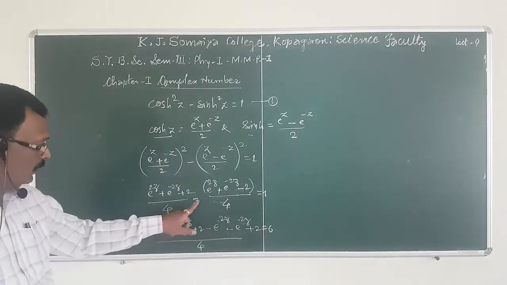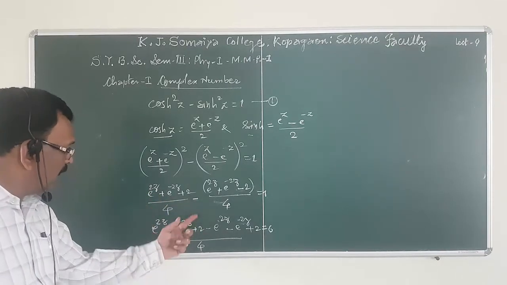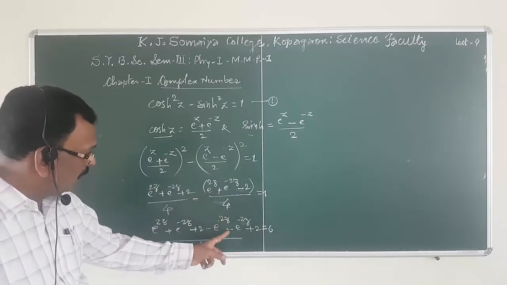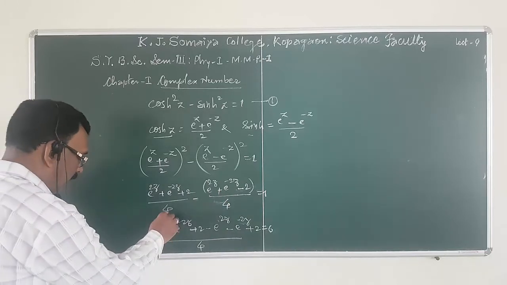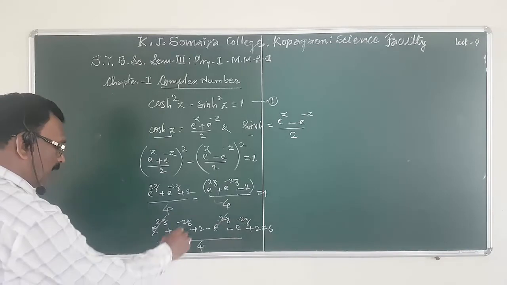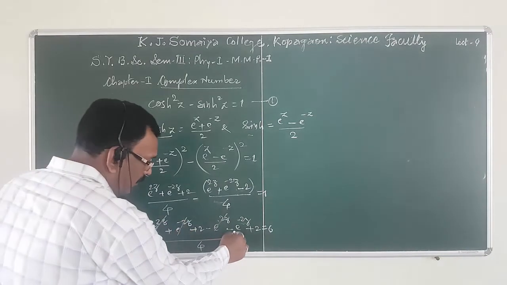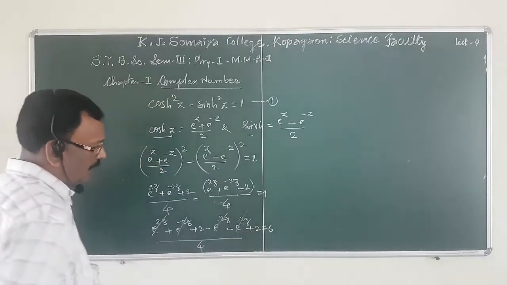Simple equation. Due to the minus sign, this is minus, and minus minus plus. Now, e raised to 2z and minus e raised to 2z get cancelled with each other, and e raised to minus 2z gets cancelled with minus e raised to minus 2z.